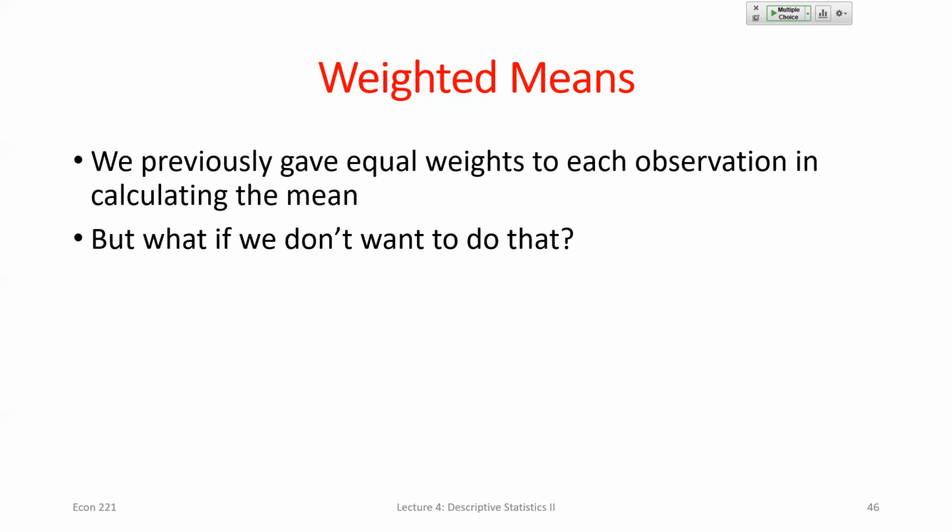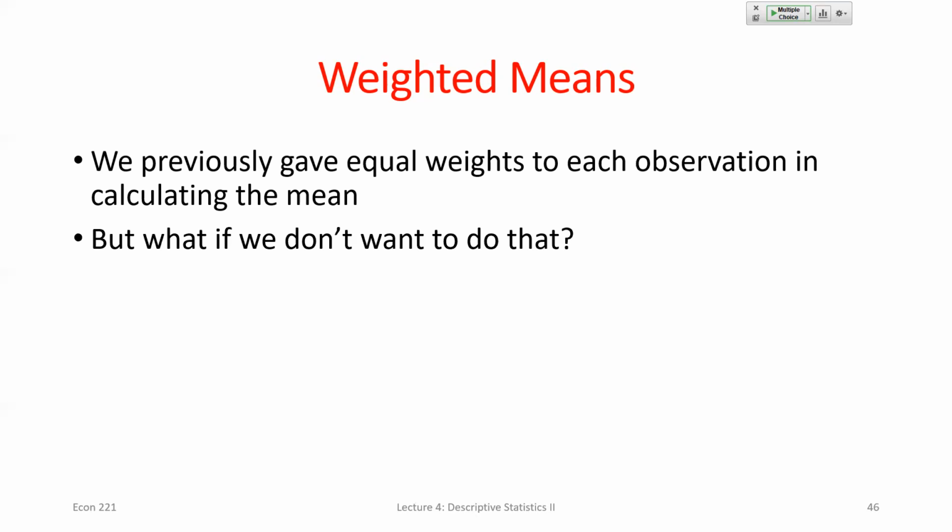So I think I did this with the variance already. But we said if we're thinking about the mean, another way that we could write that mean is that each observation is really just being weighted by one out of however many observations there are. This is just adding up all the x's, but each x is divided by n.